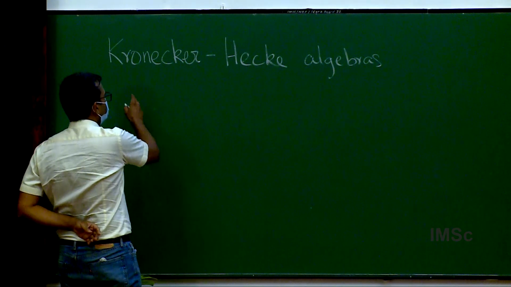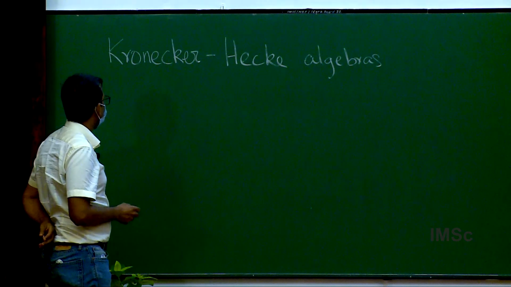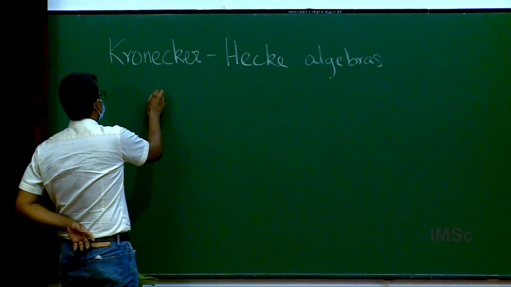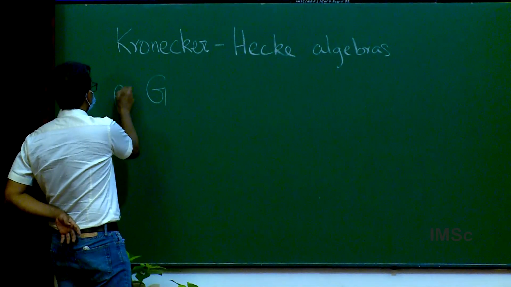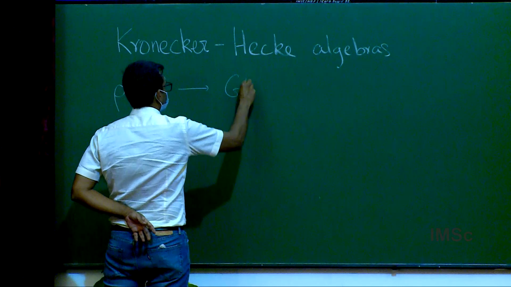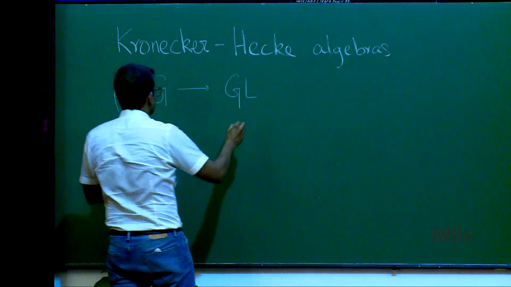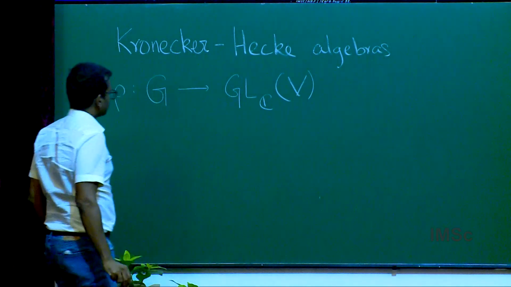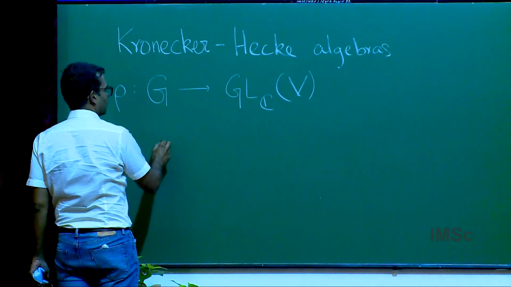So Kronecker refers to tensor products, or what are sometimes called Clebsch-Gordan coefficients. What we are interested in here is that we have a finite group G, and a representation of this group is a homomorphism from G to the group of invertible matrices for some complex vector space V. And given two representations, you can take their tensor product.